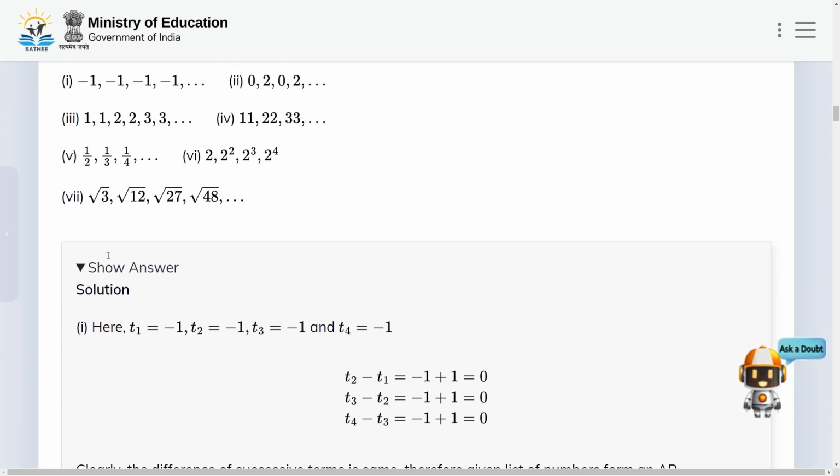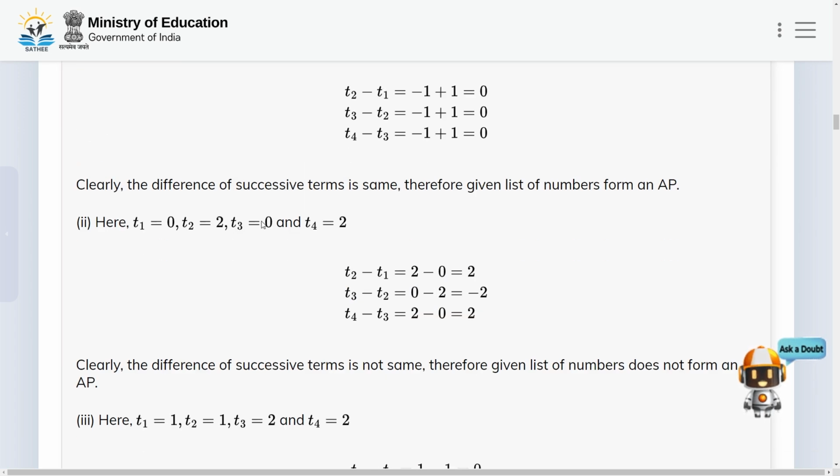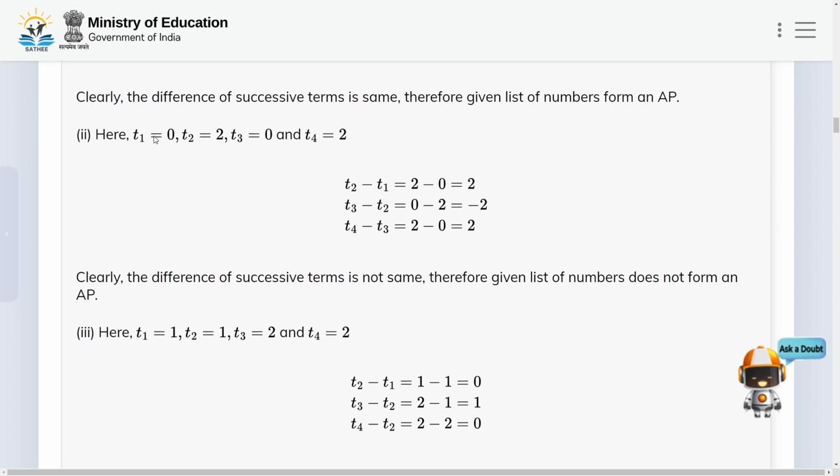Now let us check the second one. Here we have the list of numbers 0, 2, 0, 2, and so on. Let us check whether this list forms an AP or not. The first term T1 is equal to 0, second term T2 is equal to 2, third term T3 is equal to 0, and the fourth term T4 is equal to 2.